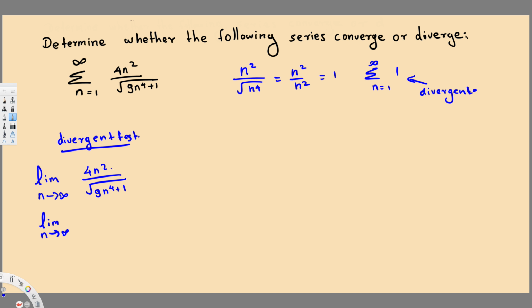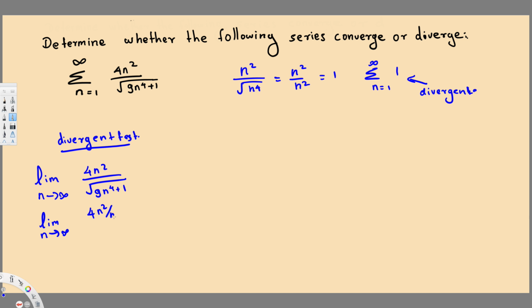You notice n power 4 is within the square root, and if you take it out of the square root, that's n square, and we have n square right here. So n square is the highest power, and we are going to divide everything by n square.